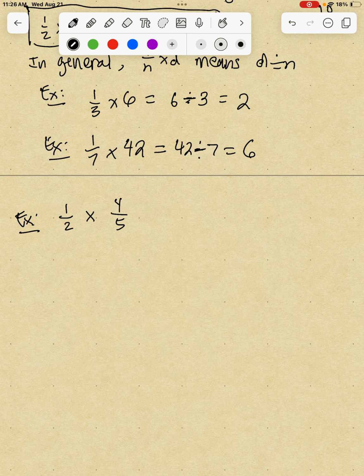How long is each piece? So here's my number line. 0, 1, 2, and I split it into 5 equal pieces to have fifths. So this is 1/5, that's 2/5, 3/5, 4/5. So here's 4/5.